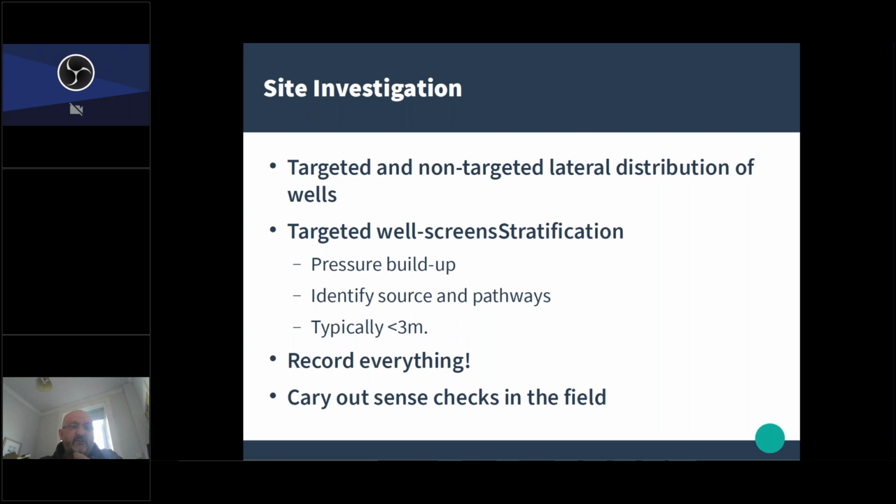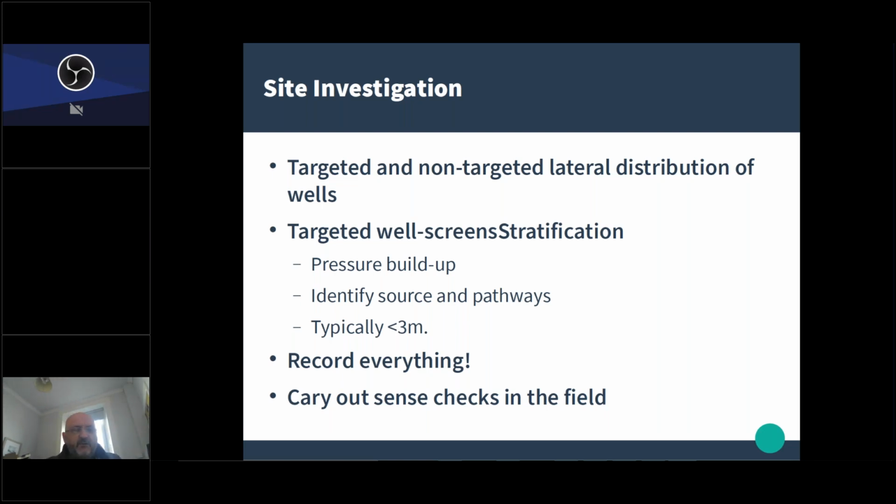Mentioned there, targeted well screens, usually less than 2 or 3 meters, certainly not an awful lot more than that. So there are other things that we can do. Record everything, of course. Ask, do the measurements make sense? Is it worth repeating measurements? What about recording the buildup of gas in the borehole?